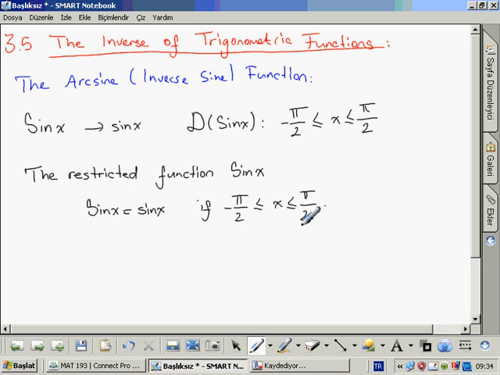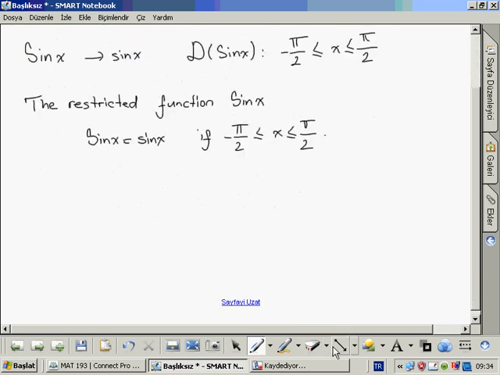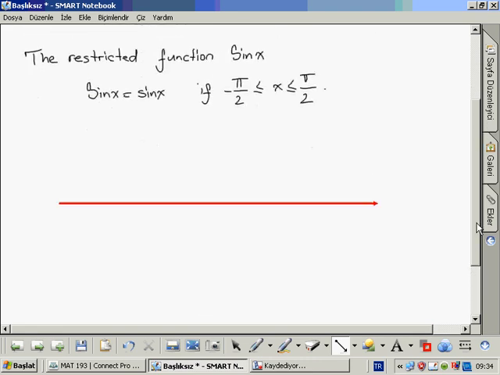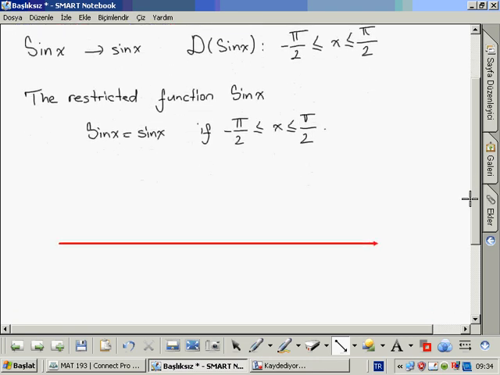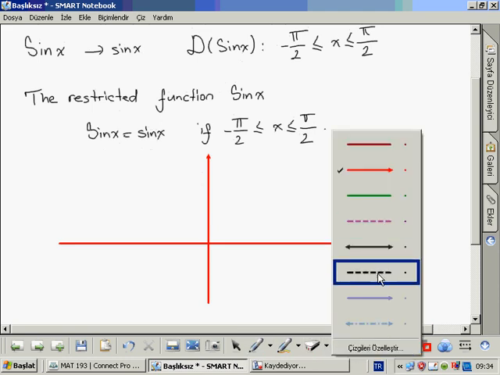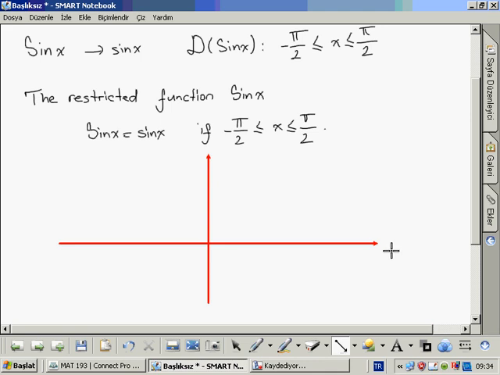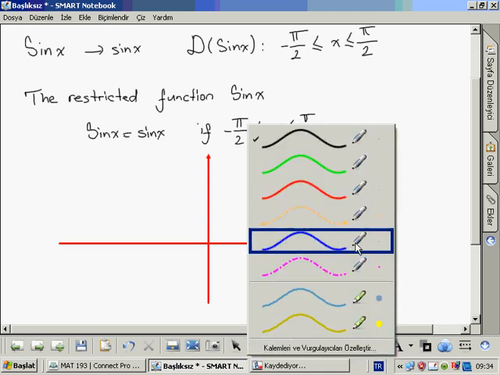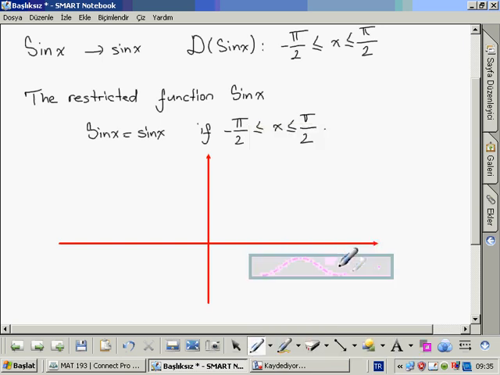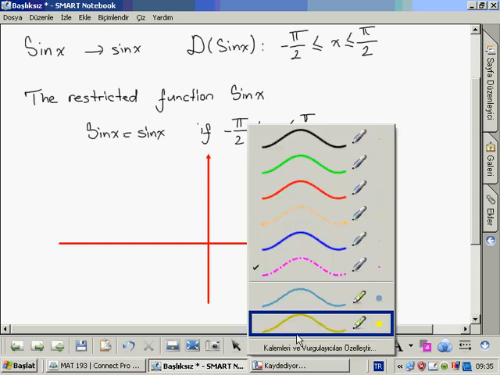And what I mean, let me sketch it on the coordinate system.